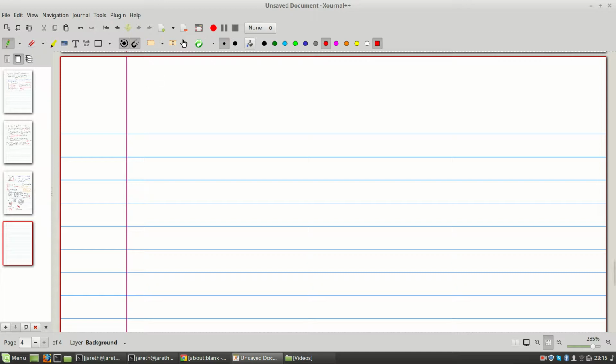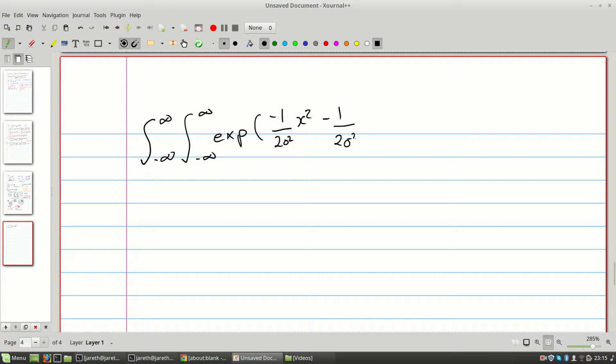What we had said was the integral between minus infinity and infinity, and the integral between minus infinity and infinity of the exponential of minus 1 over 2 sigma squared x squared minus 1 over 2 sigma squared y squared dy dx. Oh, sorry, should say dx dy, I guess, for consistency.